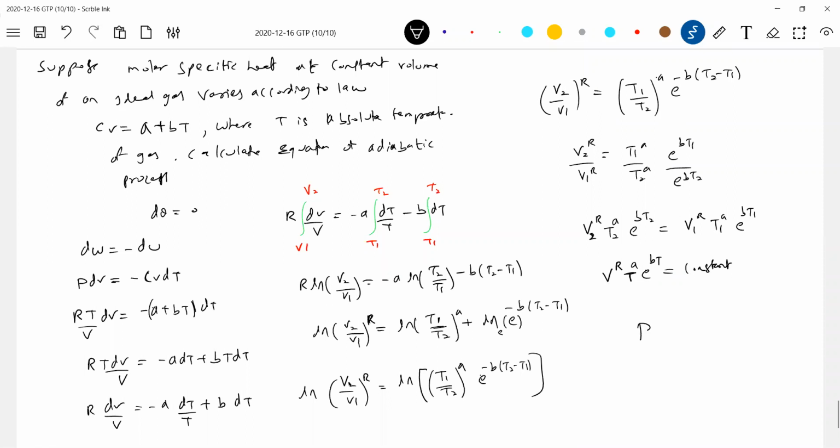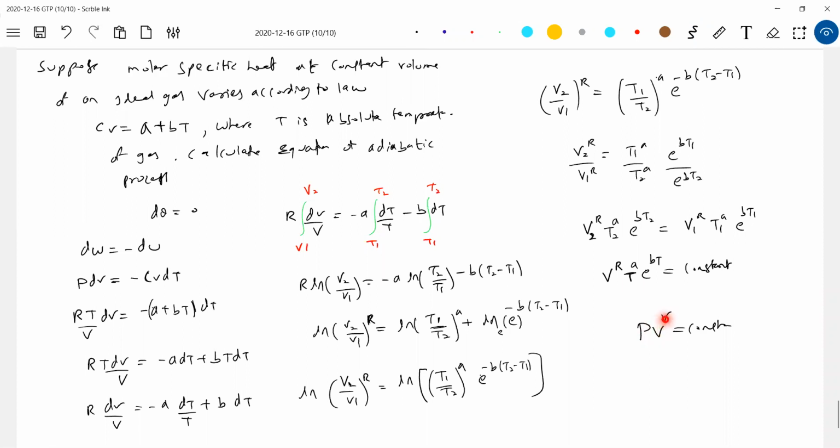Adiabatic process means not only this one. There are infinite numbers of adiabatic processes, which is very, very important for an engineer. It is not possible every time for an engineer to have the relation PV to the power of gamma.